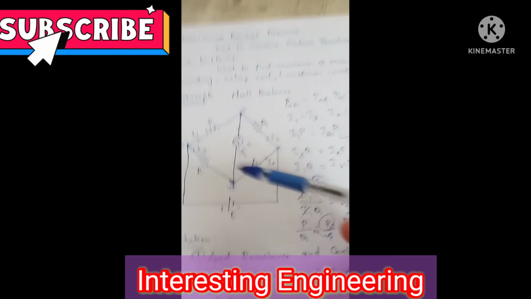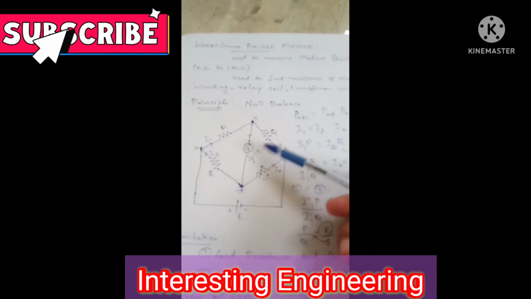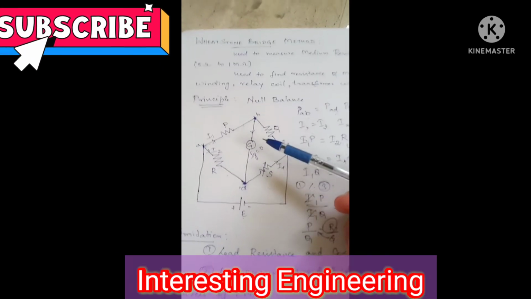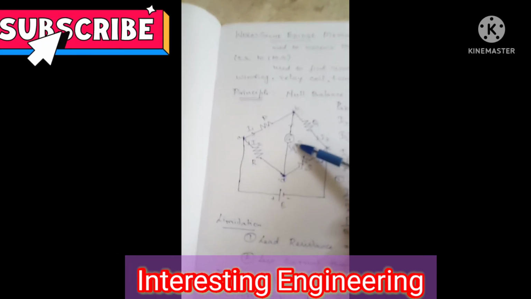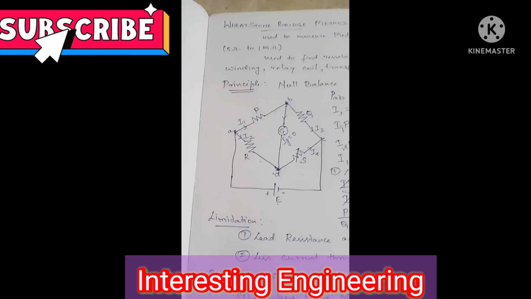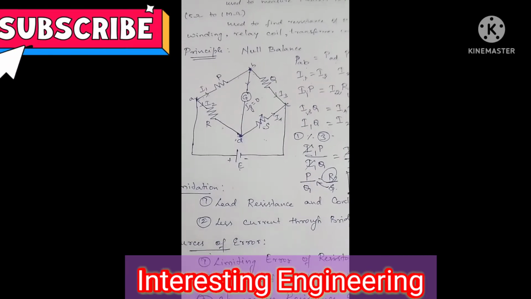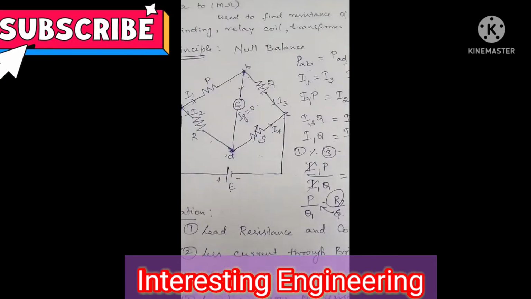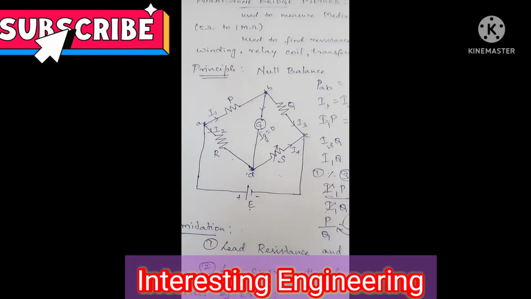And also the current through these resistors will be very less, due to which the galvanometer cannot sense those current values, so there may occur certain error in this bridge circuit. So these two are the major drawbacks of this Wheatstone bridge circuit.